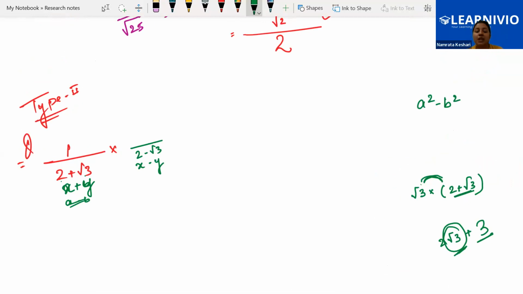Whatever you multiply the denominator by, you are bound to multiply the same term in the numerator, because eventually this is just 1. So we are not making any drastic change, we are just doing an arrangement. Getting it?